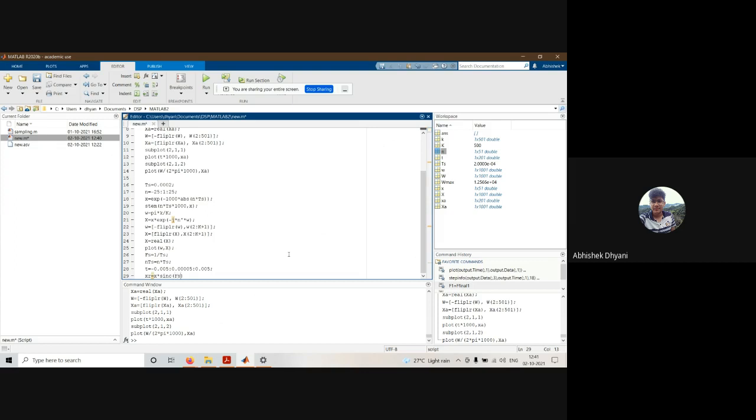So I have f of s multiplied with a vector of ones. All the values of this vector are 1, and I have taken it to be equal to the length of n, which is 51. It's a column vector, so it has 51 rows and 1 column.